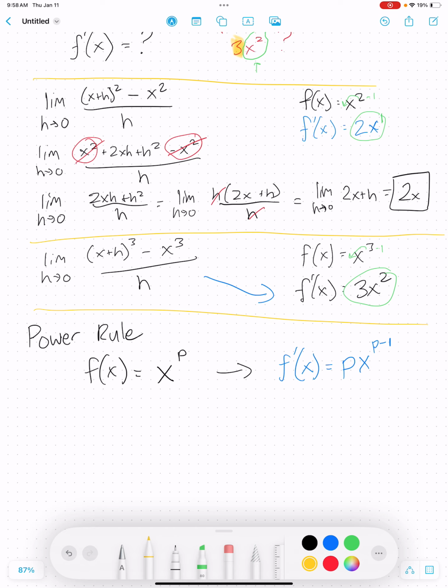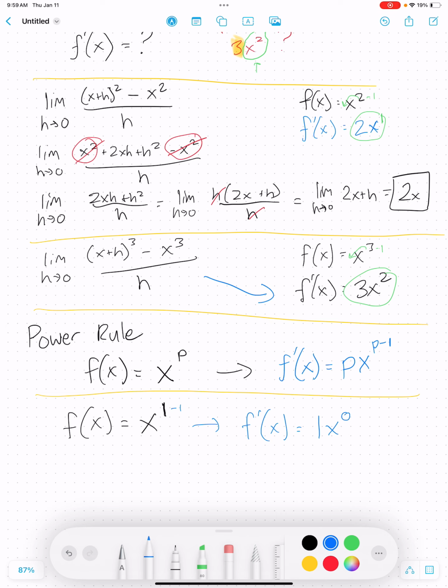It turns out this power rule also works with linear functions. If your function is just x, what would your derivative be? Well, x is the same thing as x to the first. So if I use my power rule, I'm going to bring the 1 in front, and I get 1 times x to the, and then I'll subtract 1 from the exponent, and I get x to the 0.